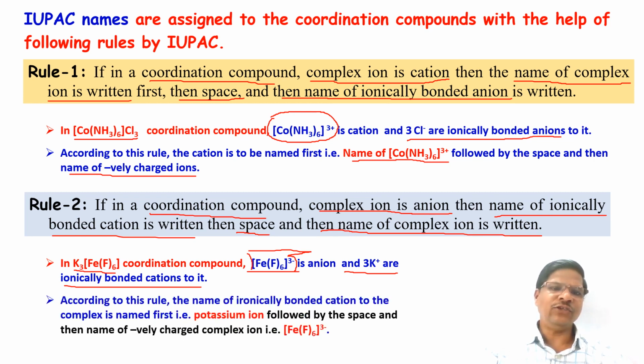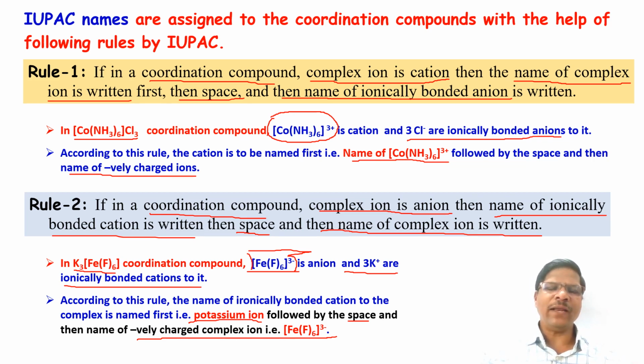In this situation, we will write down the name of the cation, that is the potassium ion, first, and then a space followed by the name of the negatively charged complex ion.